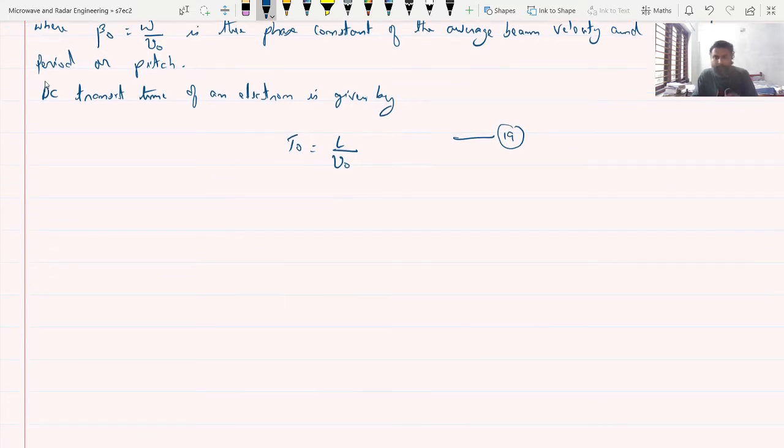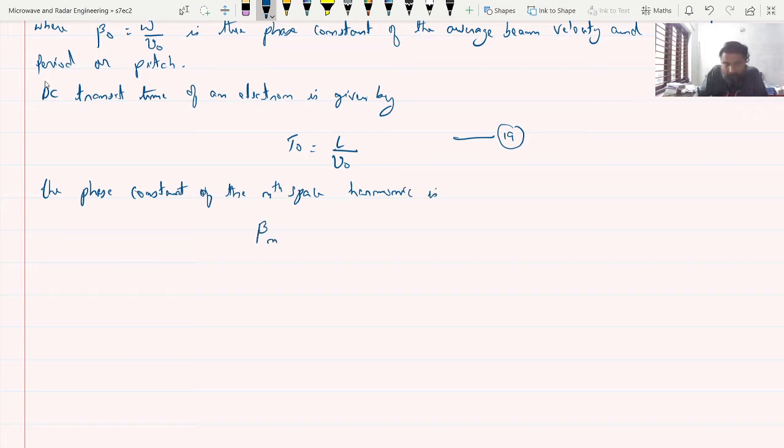Now, the phase constant of the nth space harmonic, beta n, is nothing but omega by v naught, which is nothing but (theta 1 plus 2 pi n) divided by v naught into t naught.